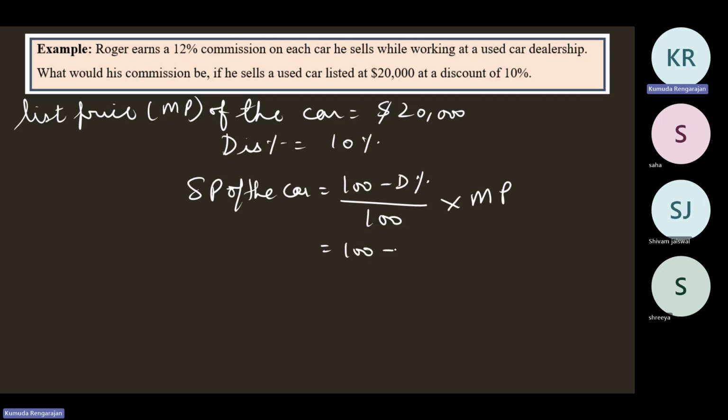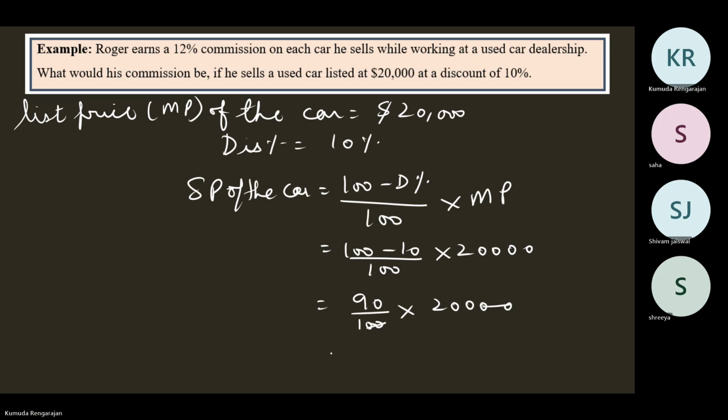So 100 minus 10 by 100 into 20,000. 90 by 100 into 20,000. 2 zeros, 2 zeros. 9 twos are 18. So the selling price of the car is $18,000.